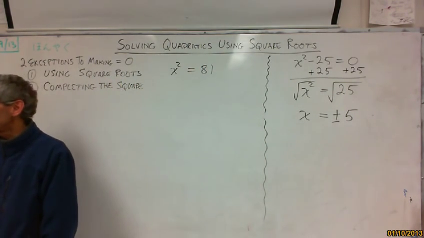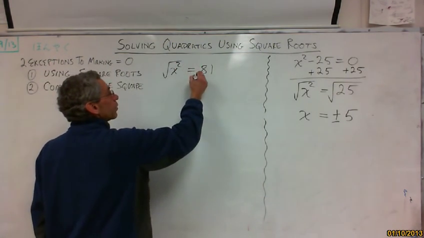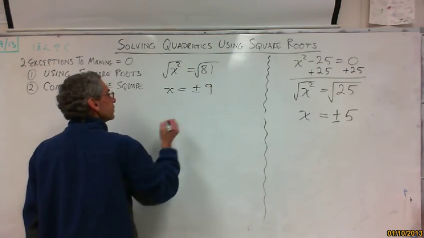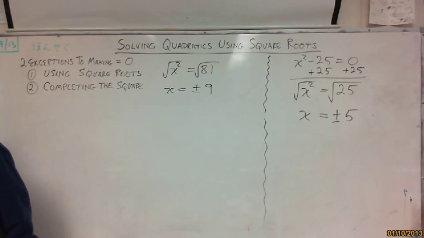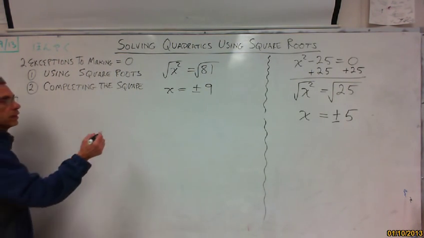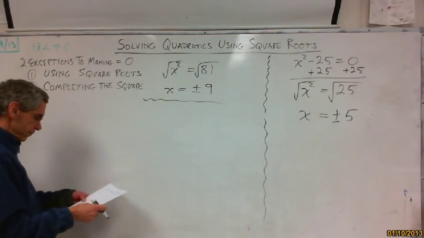What would that be? Take the square root of both sides. X is equal to plus or minus 9. Piece of cake, really easy.